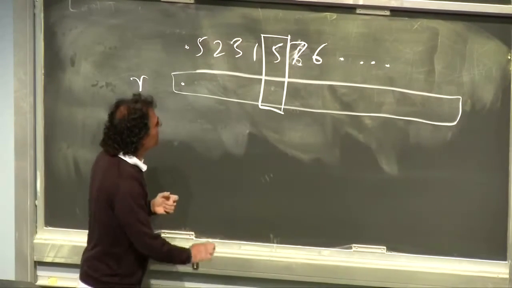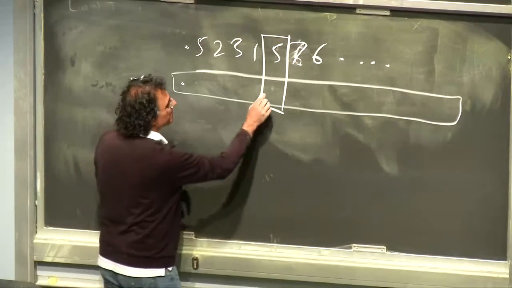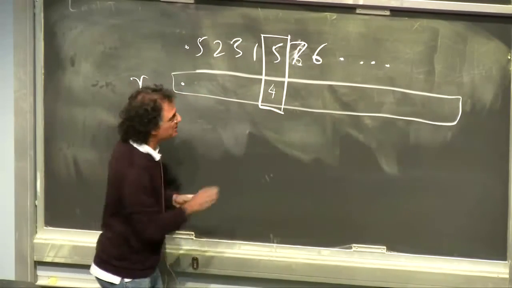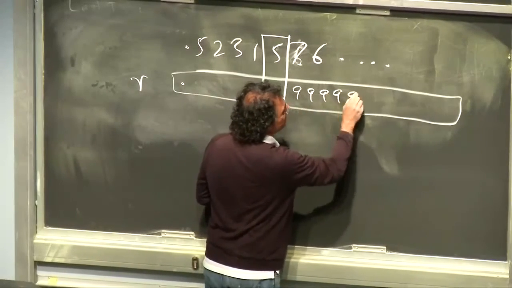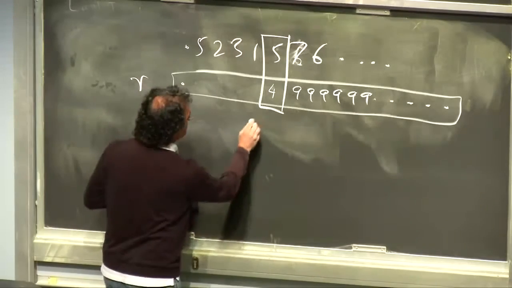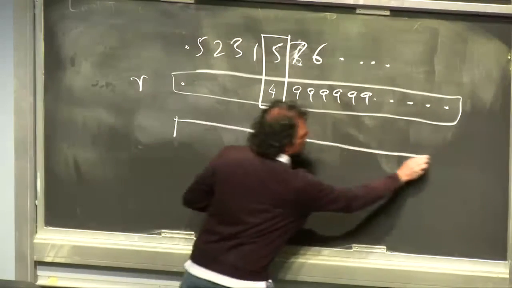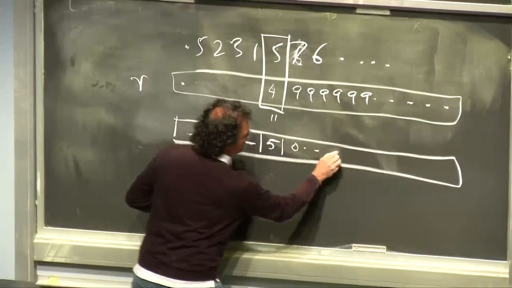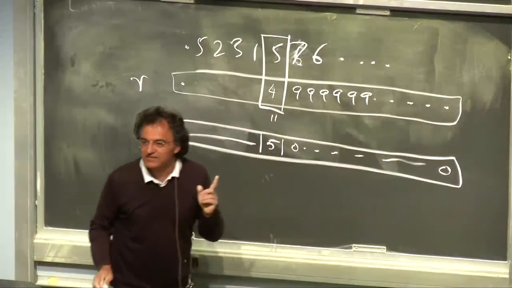Because what if this number had been 4, and this was 9999999..., and then that's the same as 5,0,0,0,0,0. Right? You remember this?